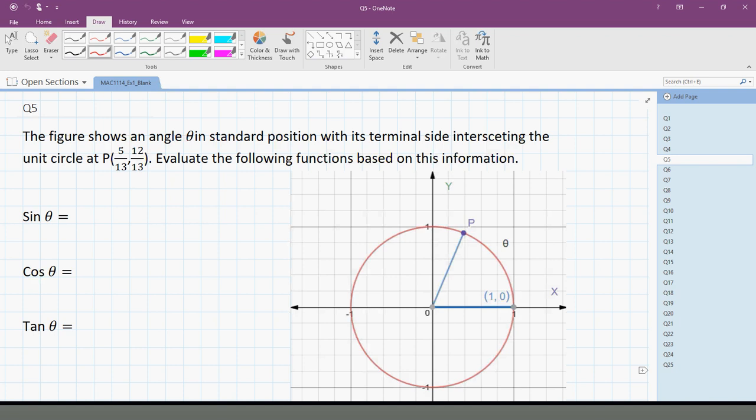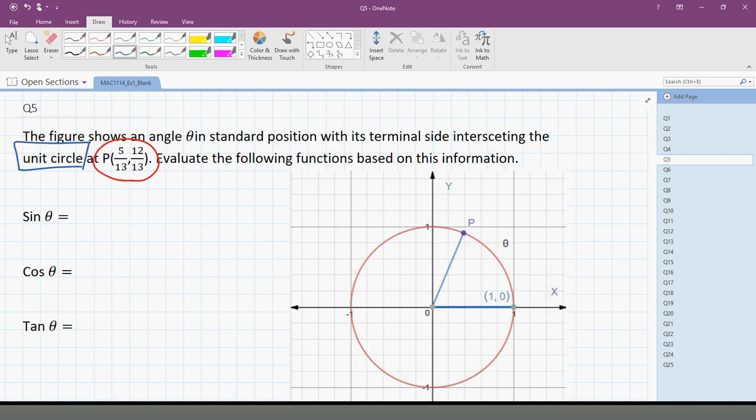So here you see an angle that is in standard position. And you have the point, which they give us up here in the problem, of 5 over 13, comma 12 over 13. And it wants you to tell me the following functions: sine, cosine, and tangent. Remember, because we are on the unit circle, that means that we don't have to worry about the radius, because the radius is just 1.